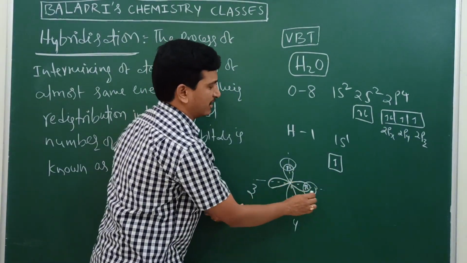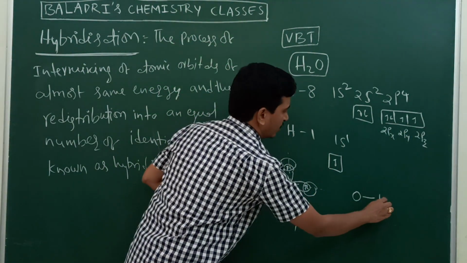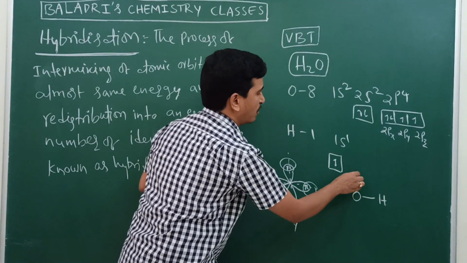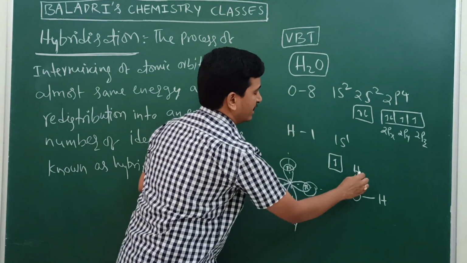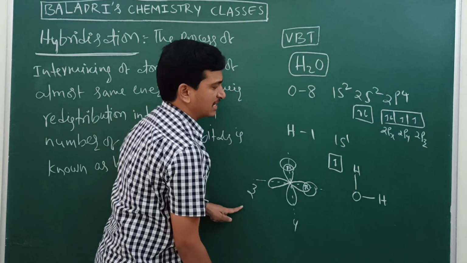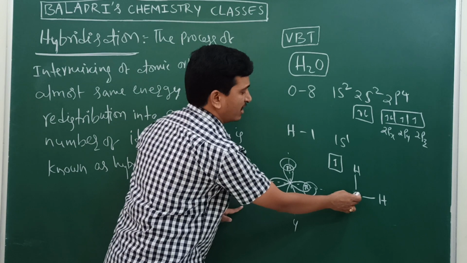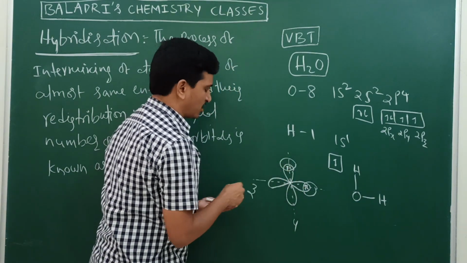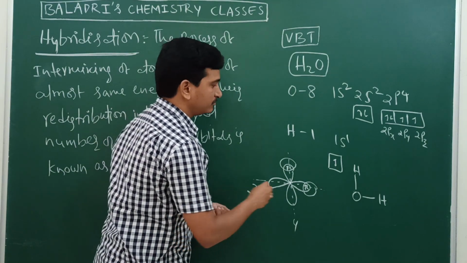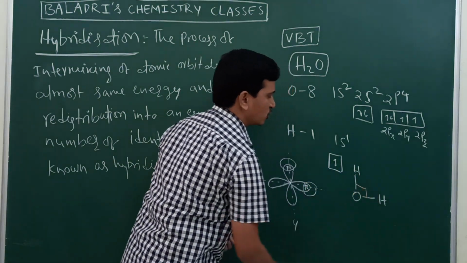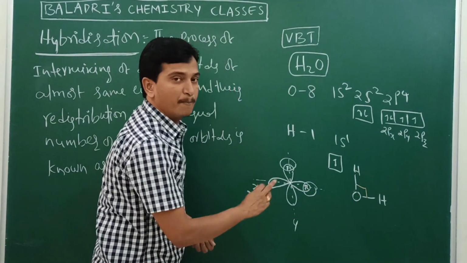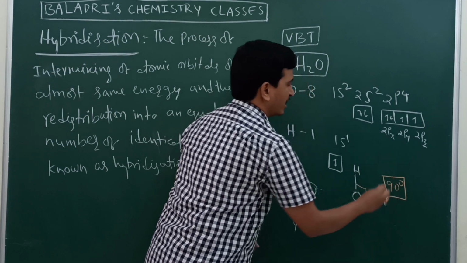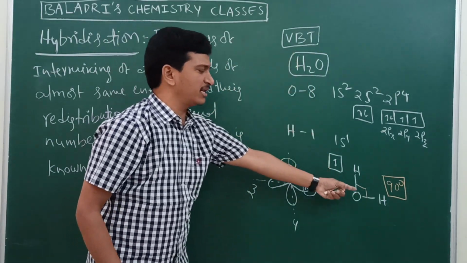Let us take this as oxygen. This bond is formed by s and pz overlapping, and this bond by overlapping of the s orbital of the second hydrogen with the py orbital of oxygen. Since pz and py orbitals are perpendicular to each other, the two bonds formed are also perpendicular. So what will be the bond angle? 90 degrees.